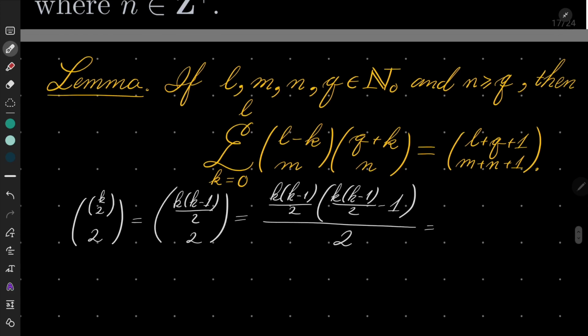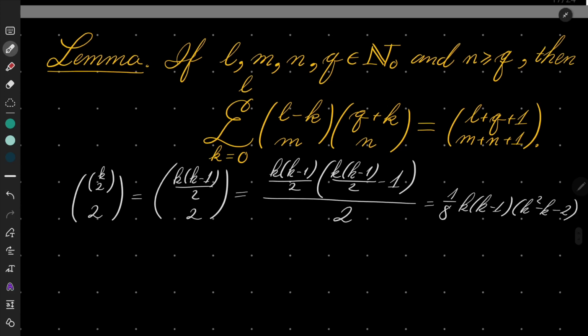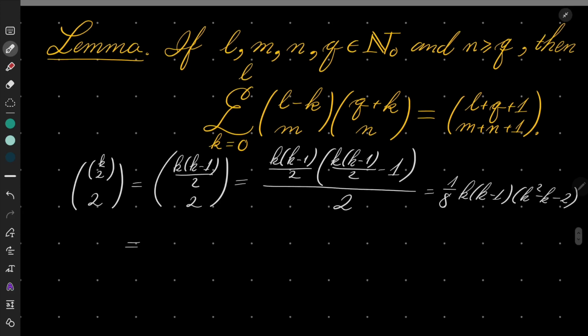And after some simplification, it's 1/8 k minus 1 times k squared minus k minus 2, and then we can simplify it further.